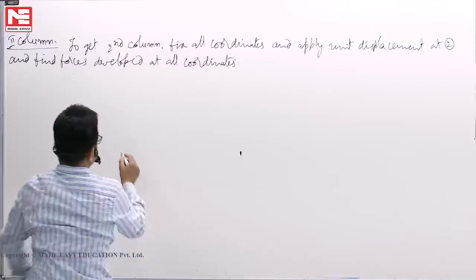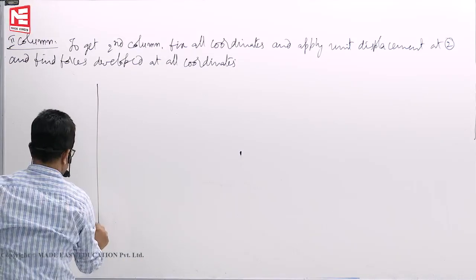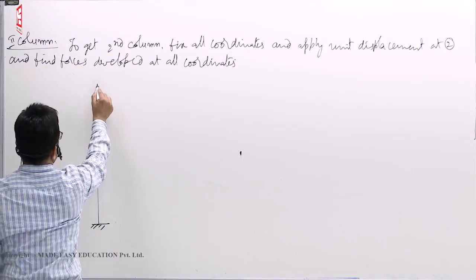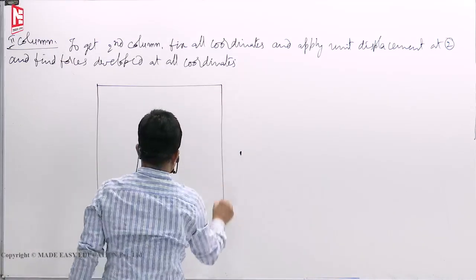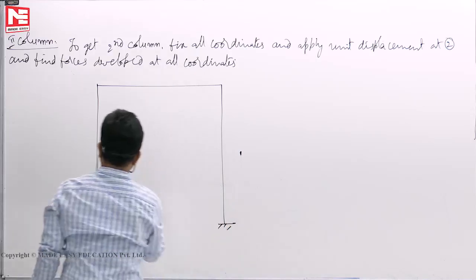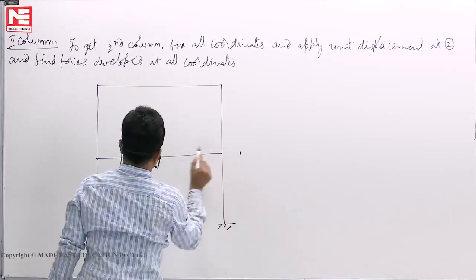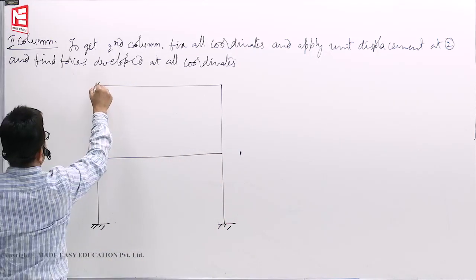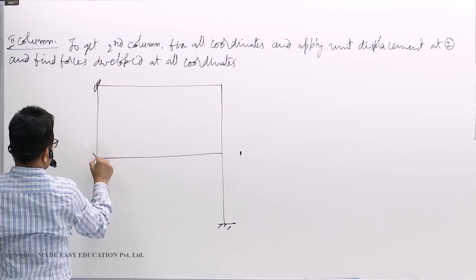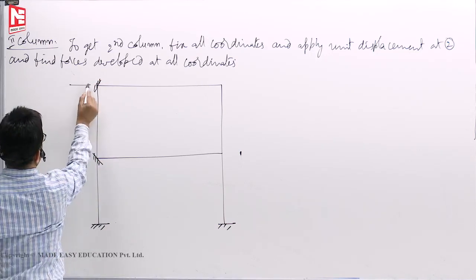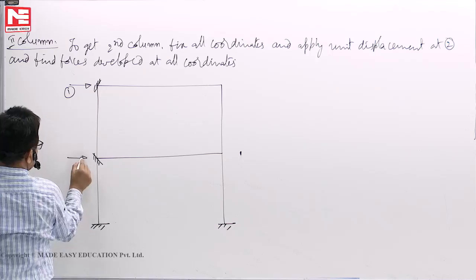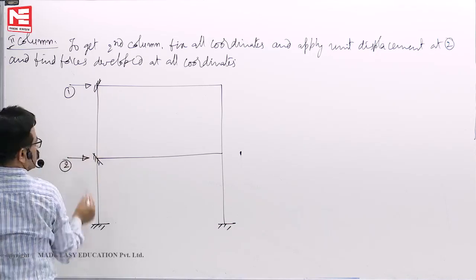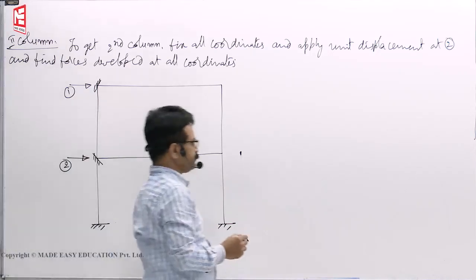Now let us see what it means. Fix it. Okay. Fix this coordinate. Fix this coordinate. Coordinate 1, coordinate 2. Lengths are L and L.